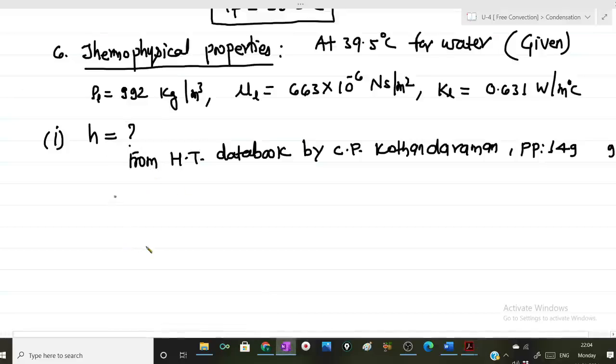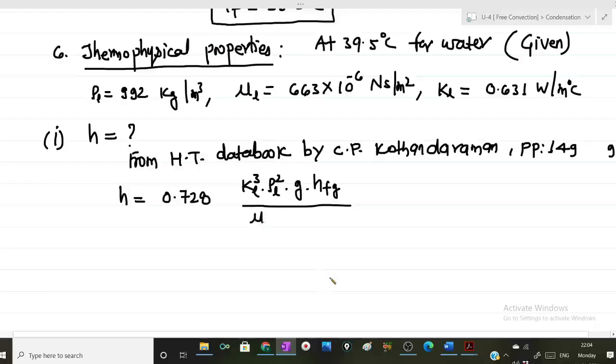So the expression for H will be 0.728 into K suffix L cube into rho L square into G into HFG, over mu suffix L into N into D into T sat minus Ts, entire power 0.25.